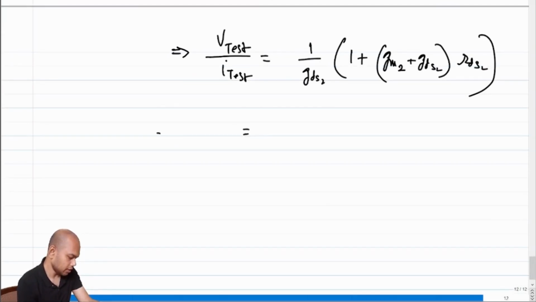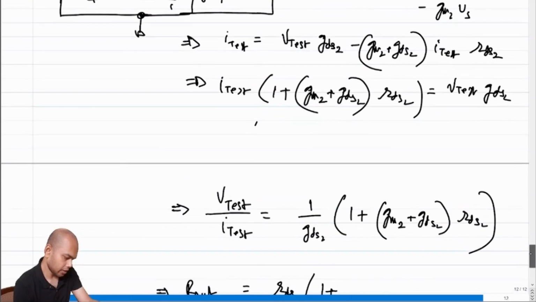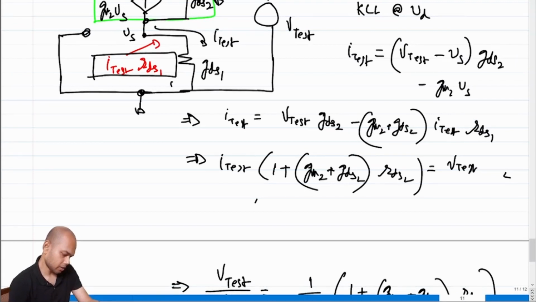So essentially your R out becomes 1 over GDS2, which is RDS2, times 1 plus... I have made a mistake somewhere, this is RDS1, right? This is I test times RDS1, correct? Here it is GDS2, no problem with that.